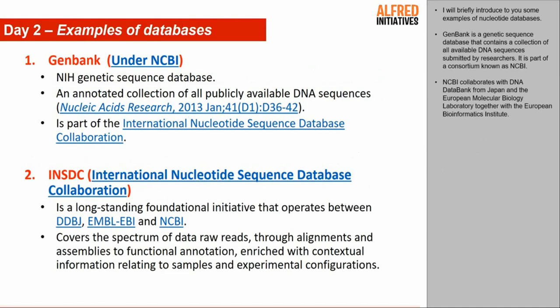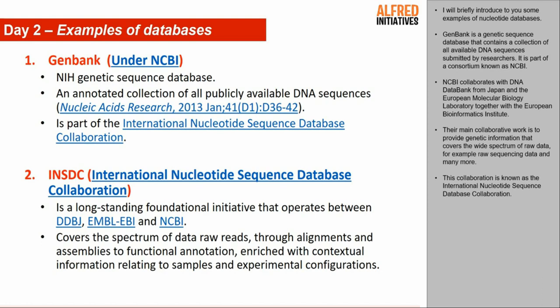NCBI collaborates with the DNA Data Bank of Japan and the European Molecular Biology Laboratory together with the European Bioinformatics Institute. Their main collaborative work is to provide genetic information that covers a wide spectrum of raw data, for example, raw sequencing data, and many more. This collaboration is known as the International Nucleotide Sequence Database Collaboration.